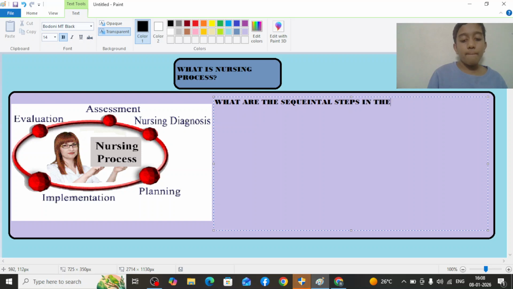They are: assessment, planning, evaluation, implementation, diagnosis, and then the fifth one, experimentation.